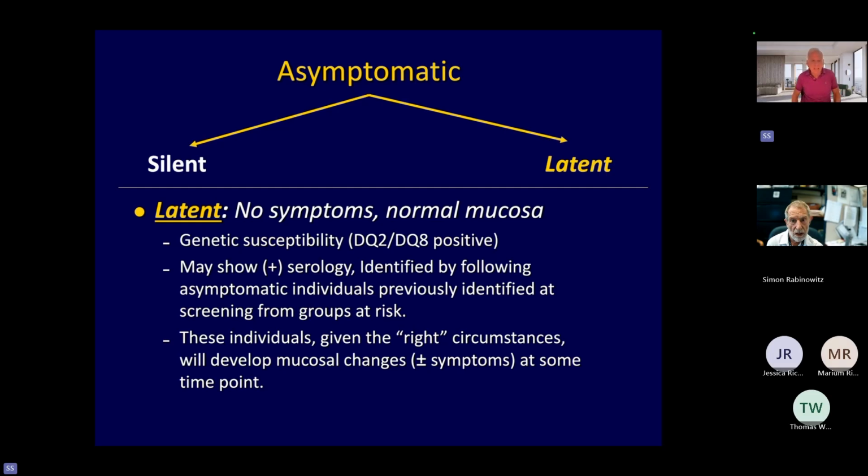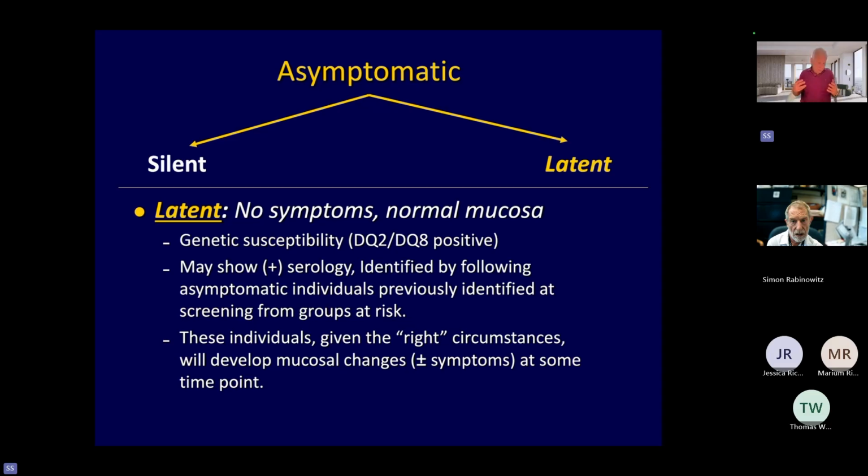The latent celiac, as I mentioned earlier, have no symptoms and have normal mucosa. They are genetically susceptible because they're DQ2 or DQ8 positive. They may show a positive serology, which is identified by following asymptomatic individuals previously identified at screening from groups at risk.